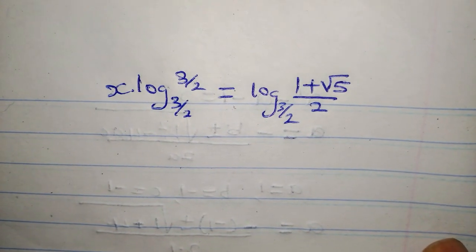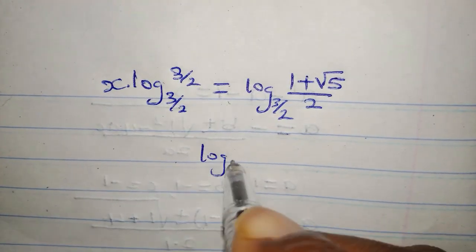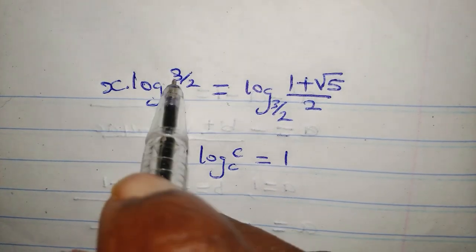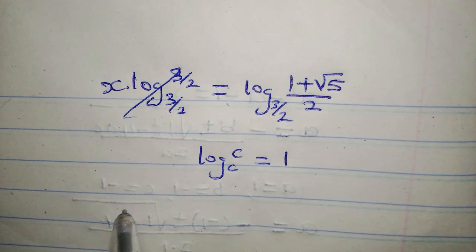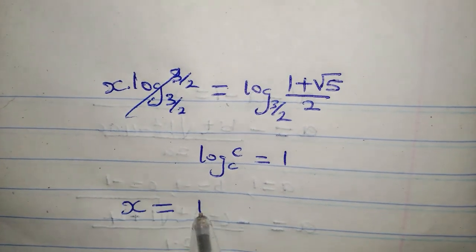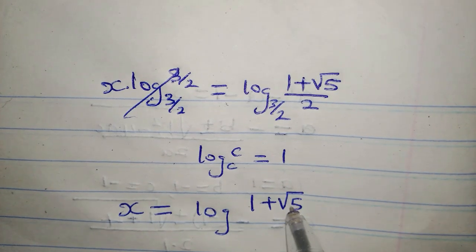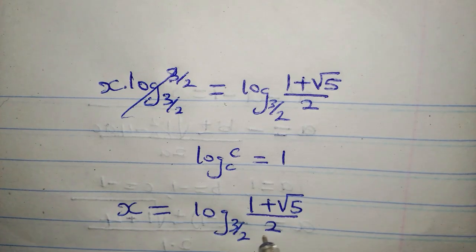Okay, this is what we are now having. So from here we apply the log rule, which says we are having log c to base c is also equals to 1. So here we are having the same thing, so they will strike off. We simply have our x equals to log of 1 plus root 5 divided by 2 to base 3 over 2.